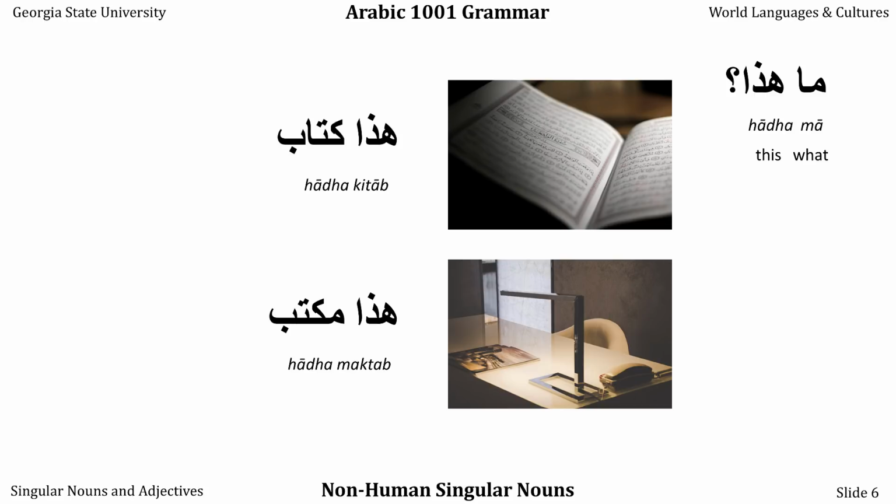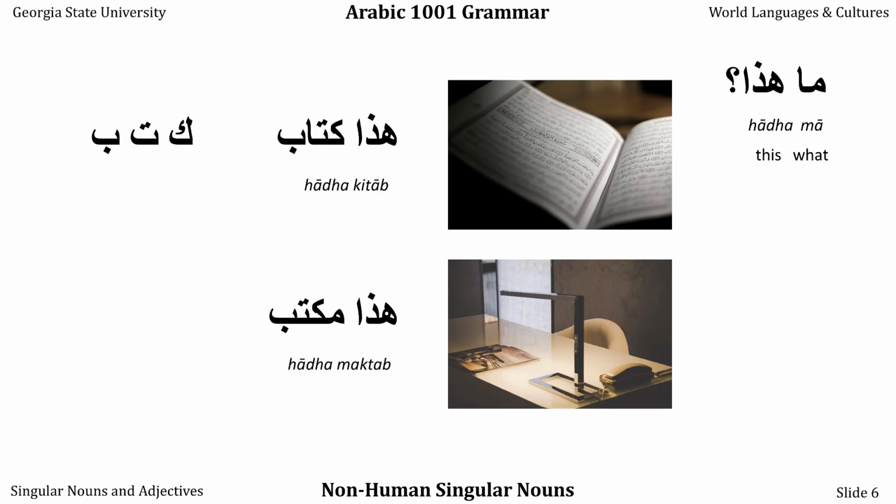Now you may notice already that the words kitab and mektab have something in common. They sound similar, and they have the same letters in them. Even if you can't recognize all the Arabic letters yet, you can certainly recognize the funny shape of the letter K and also the letter B on the end. What they have in common is a three-letter root.